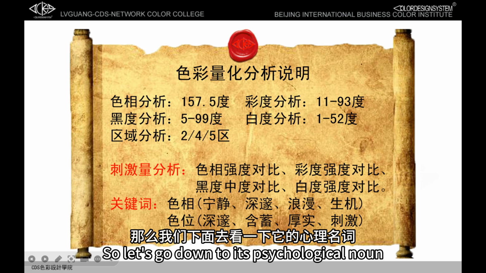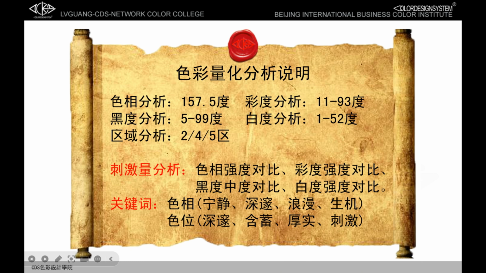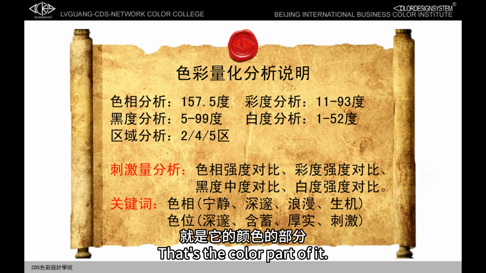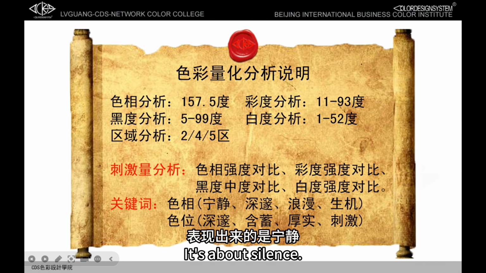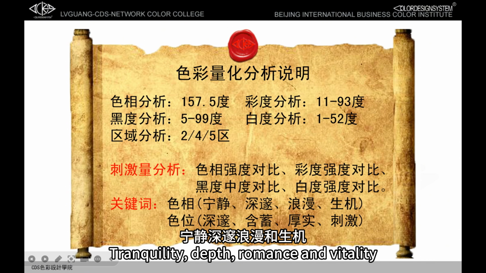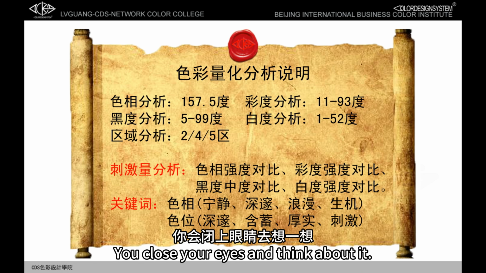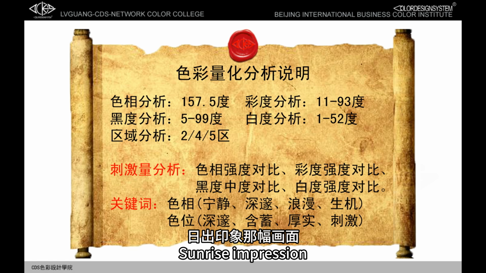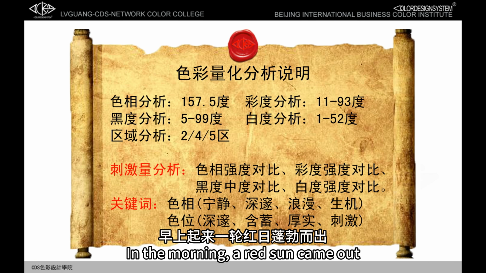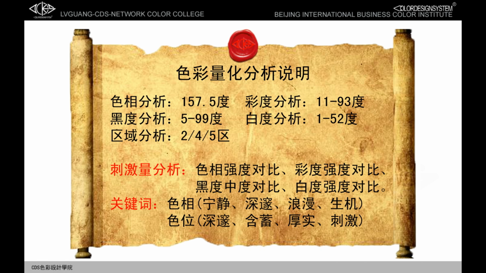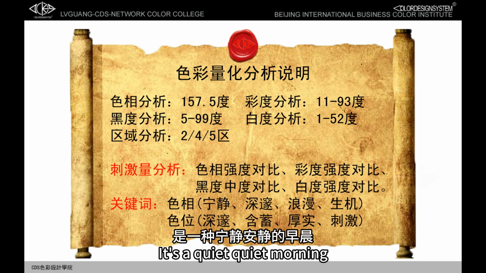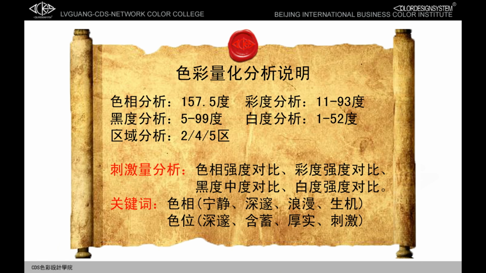So let's go down to its psychological noun. We look at hue, that's the color part of it. It's about silence, tranquility, depth, romance, and vitality. Our 4 keywords. You close your eyes and think about it. Sunrise impression. In the morning, a red sun came out. It's a quiet morning.